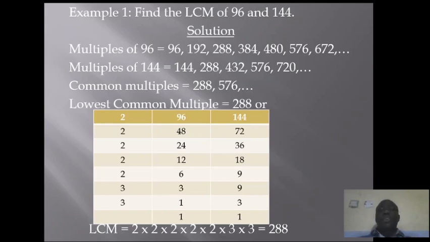The first multiple is 96. Adding 96 again, the second multiple is 192. The next is 288, then 384, then 480, etc.